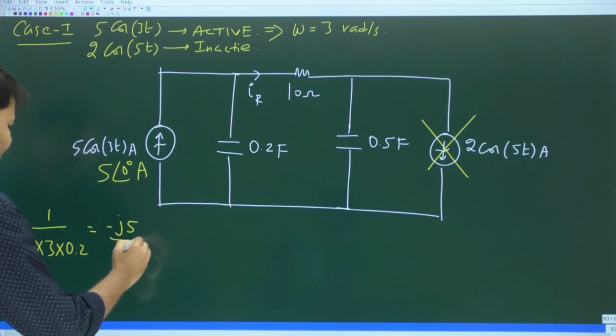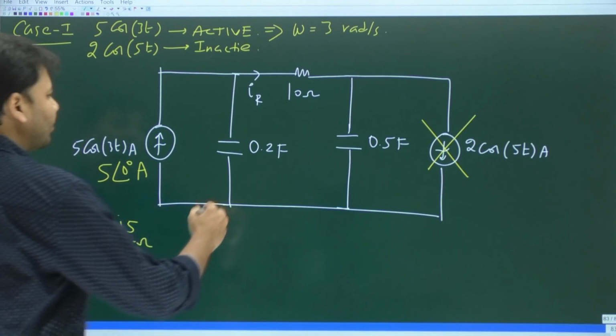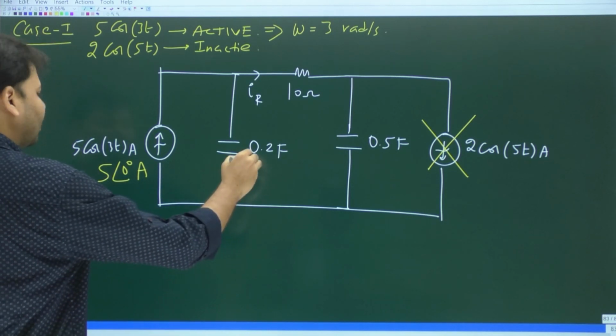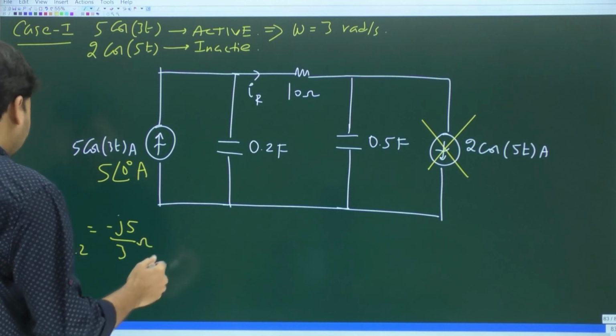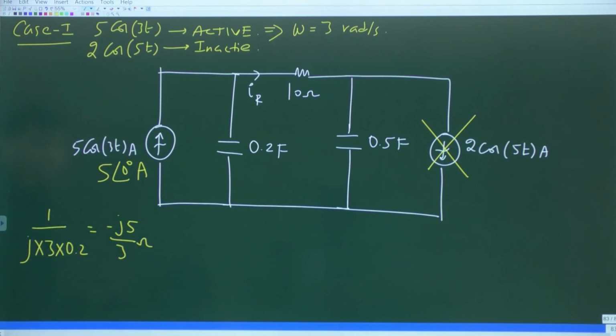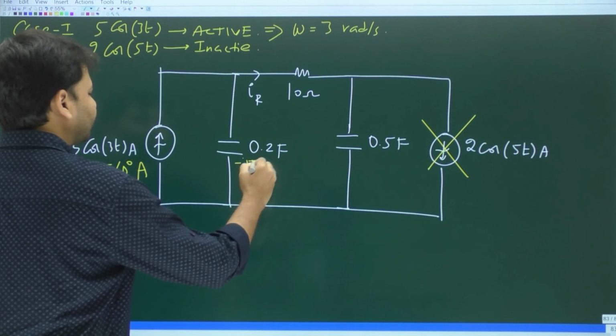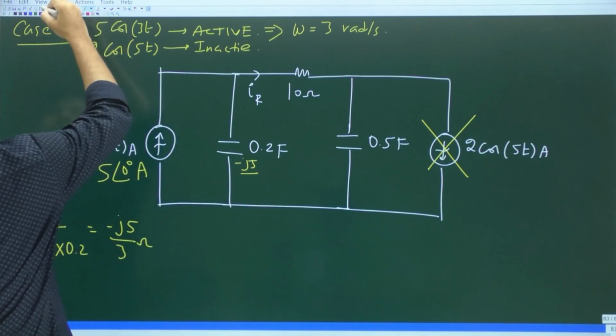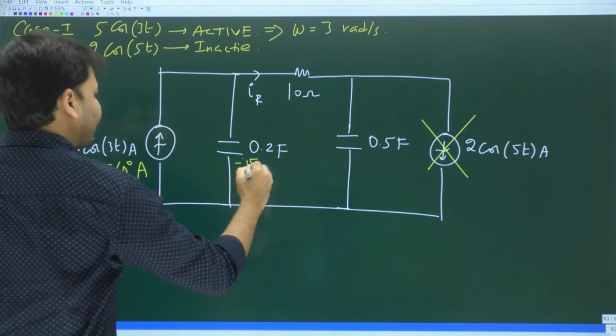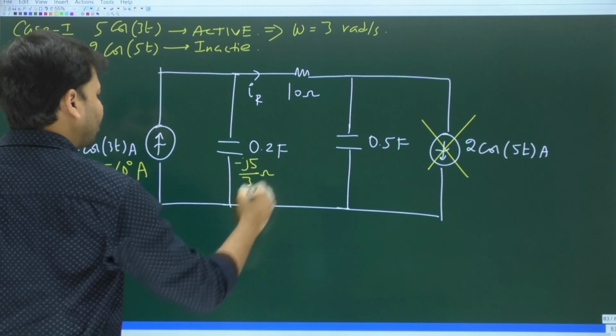So minus j 5 by 3 ohms. So in the phasor domain, this 0.2 farad capacitor should be replaced with an impedance of value minus j 5 by 3 ohms.